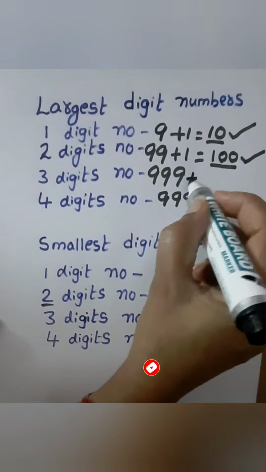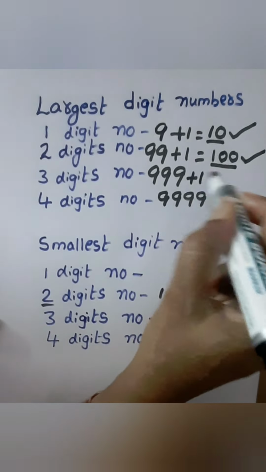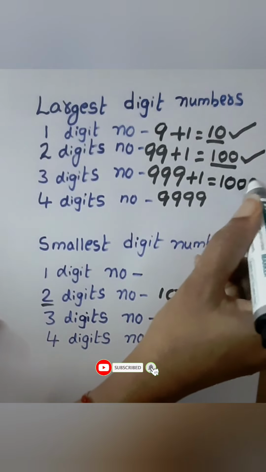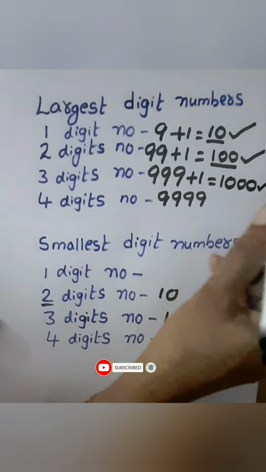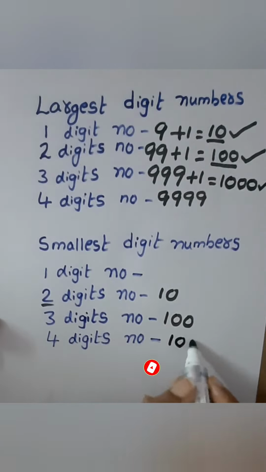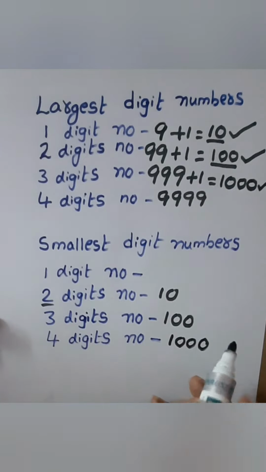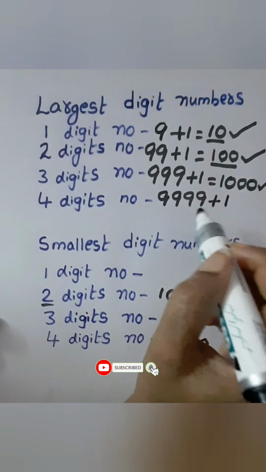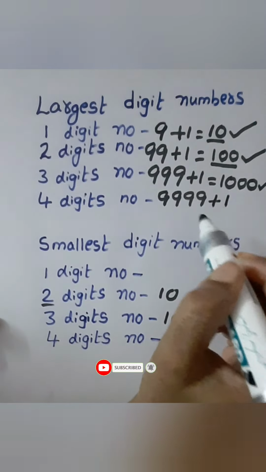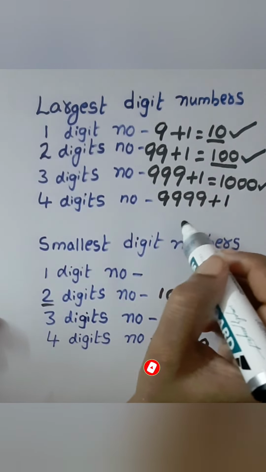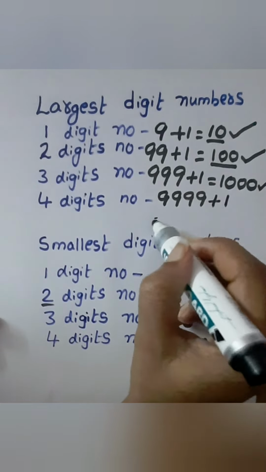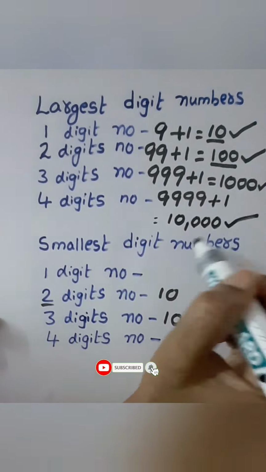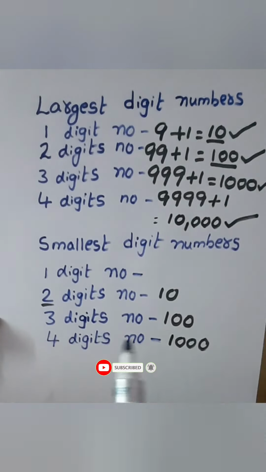If you add 1 to the largest three-digit number, then we will get the smallest four-digit number. If you add 1 to the largest four-digit number, then we will get 10,000. This is the smallest five-digit number.